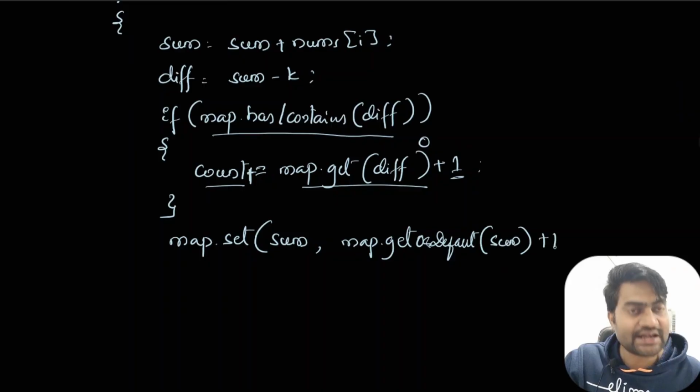Then I will add 1 to it. If there is value, it will give the value, otherwise it gives 0, then I will add 1 to it. This way I'm going to increment it.